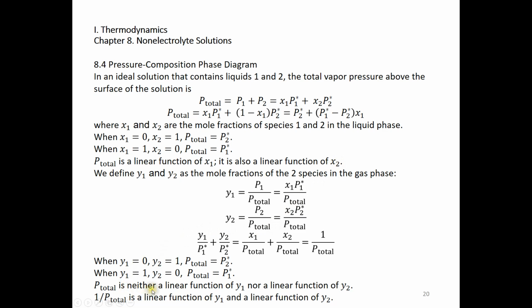However, P total is not a linear function of y1 or y2. Instead, 1 over P total is a linear function of y1, and also it can be expressed as a linear function of y2. Again, y1 plus y2 equals 1, so you can replace y1 with 1 minus y2. Also, you can replace y2 with 1 minus y1.